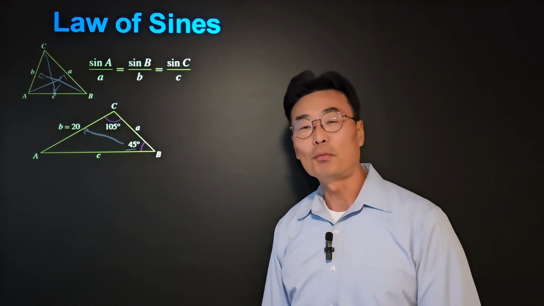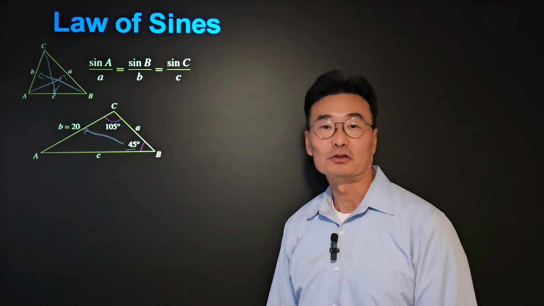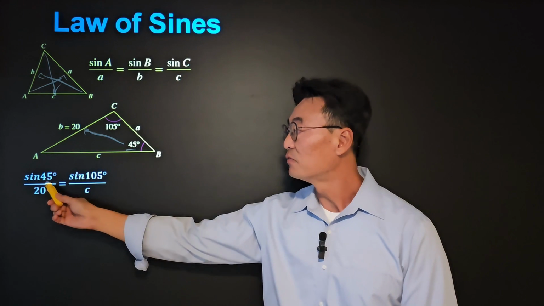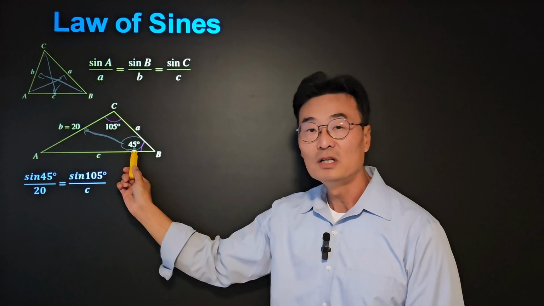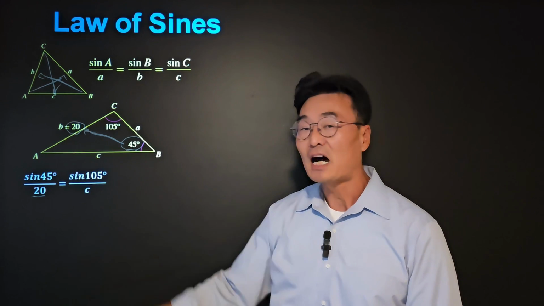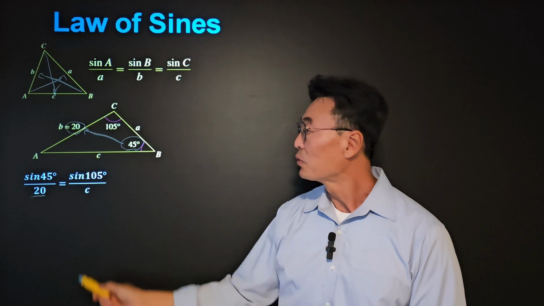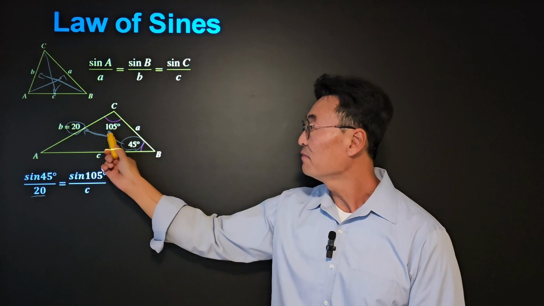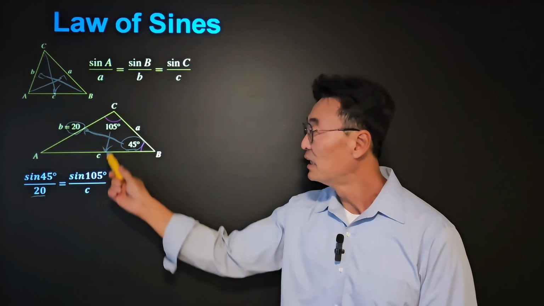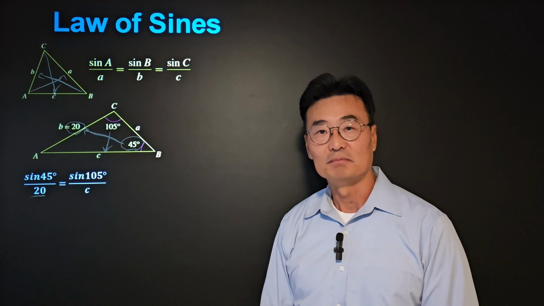Let's go ahead and use that formula on this particular triangle. We can say sine of 45 degrees, the given angle, over 20, the side opposite of that angle, equals sine of 105 over side c, which is opposite of angle 105.